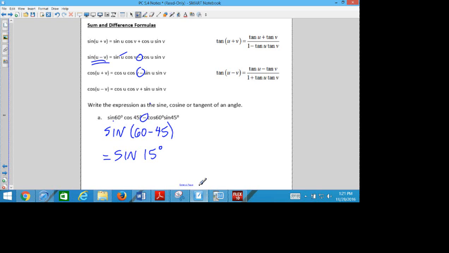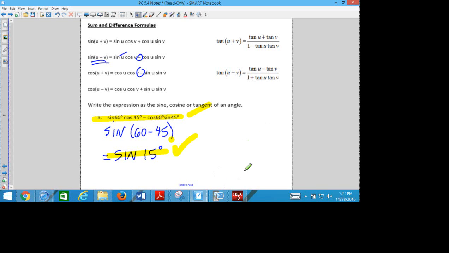Now, if you look at the original question, and you look at the simplified answer, you ask yourself, which one do I know the values for? Do I know it for this one, or do I know it for sine 15? Because they're equivalent.